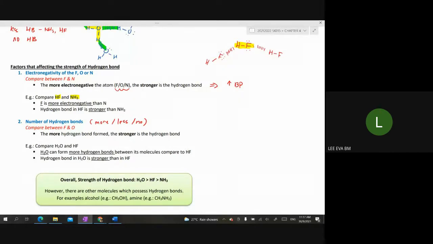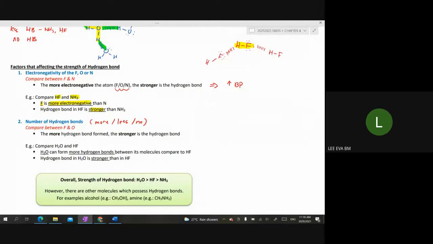Fluorine is more electronegative, therefore it has a stronger hydrogen bond. So you can make your own sentences as long as you hit the point. Okay, more electronegative for fluorine, stronger hydrogen bond for HF.